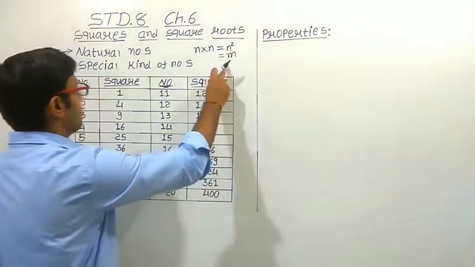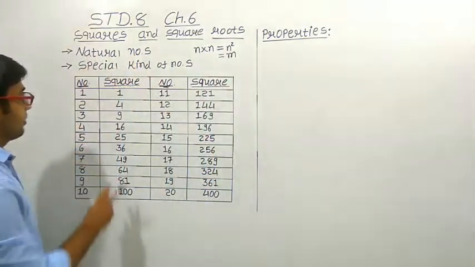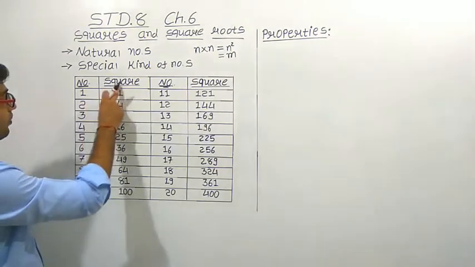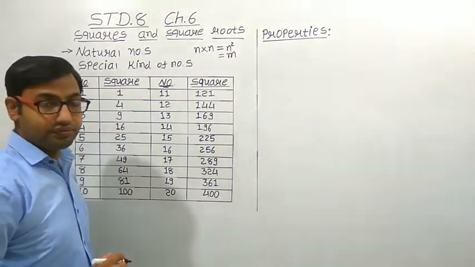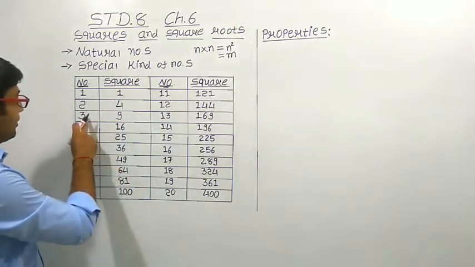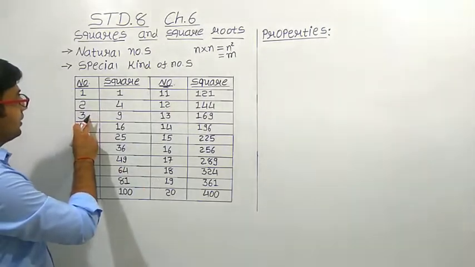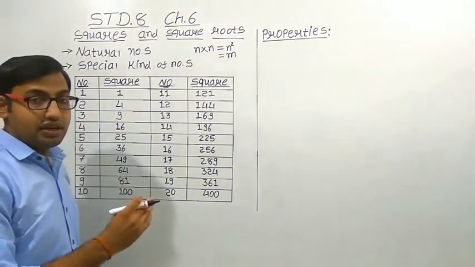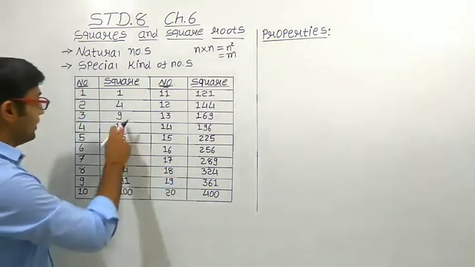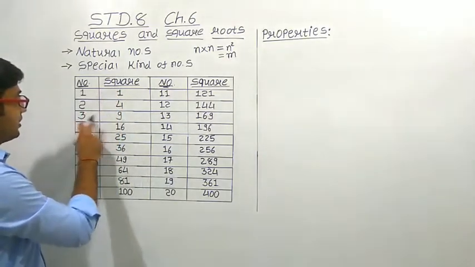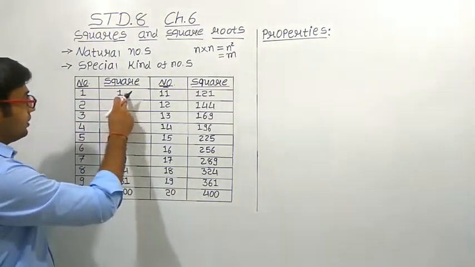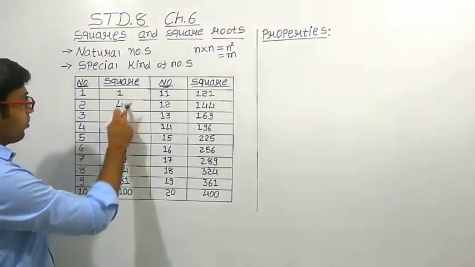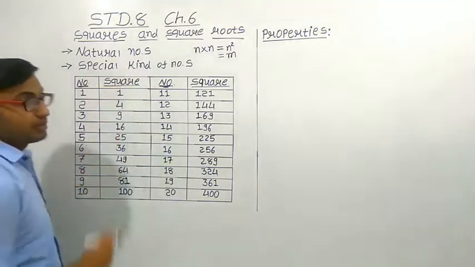And 4 is again a natural number. So 2 and the square of 2 is 4. In the same way, if we want to find out the square of 3, we have to multiply 3 with 3. So 3 3s are 9. So the square of 3 is 9. See, all these squares, you can notice, are also natural numbers.